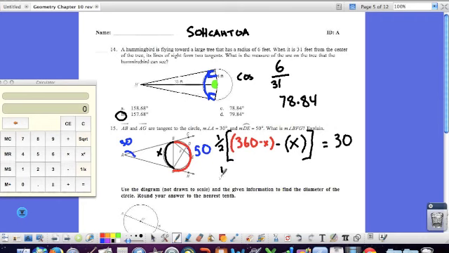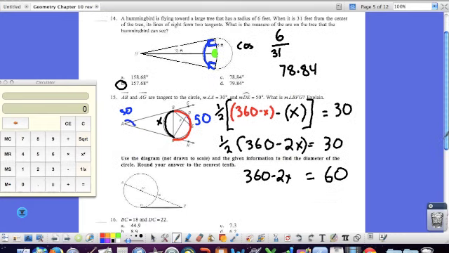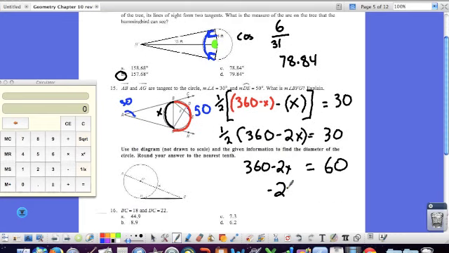So 1/2 of 360 minus x equals 30. Multiplying both sides by 2, 360 minus x minus x, so 360 minus 2x equals 60. When I subtract 360 from both sides, I get negative 2x equals negative 300. So x has to equal 150.